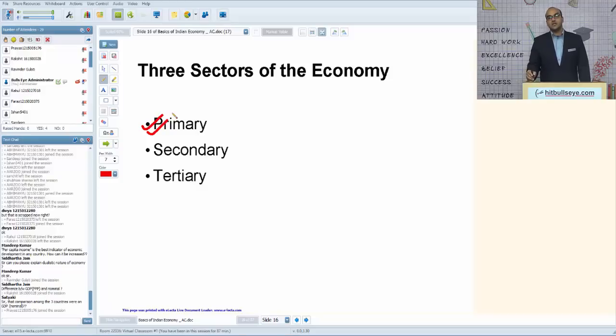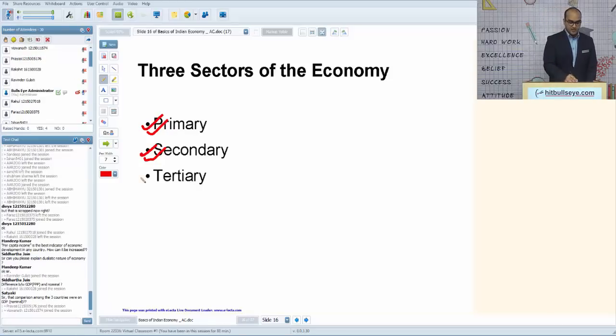Of course, it includes agriculture, mining, quarrying, etc. Next is the secondary sector. This involves the manufacturing sector, that is, processing of primary sector goods. Lastly, we have the tertiary sector, that involves the services sector. Again, this includes banking services, insurance services, etc.